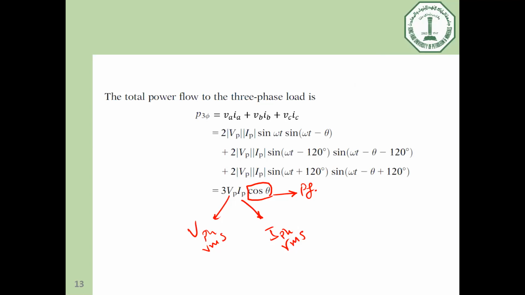However, in three phase we have three voltages and three currents, and maybe extra. I mean, if we have phase and line voltages or phase and line currents, you have 9 different quantities. So what is the value of theta? Does it depend on the phase or line voltage, or what? All the time, power factor is cosine of the angle of impedance. So theta is the impedance angle.